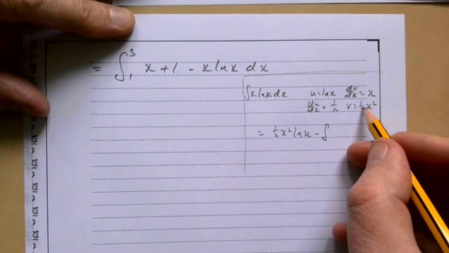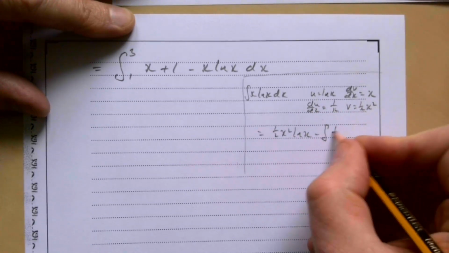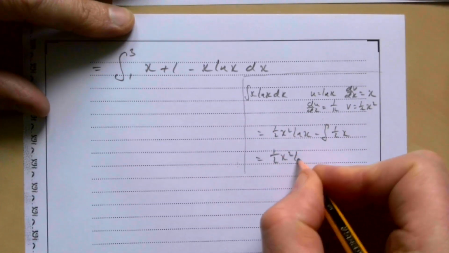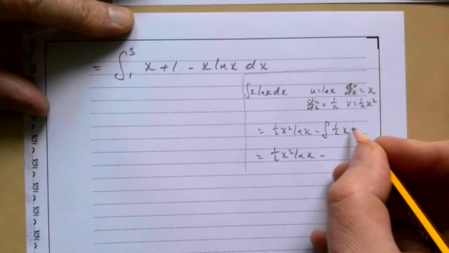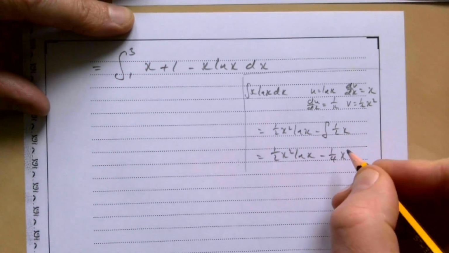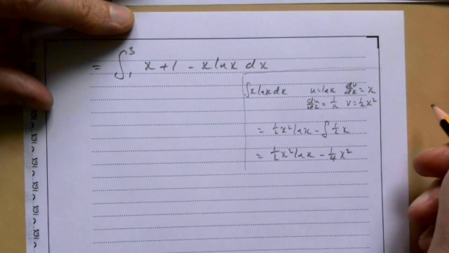That's 1 over x times a half x squared, which cancels one of my x's, so it's just going to give me a half x. So that gives me a half x squared ln x minus, add 1 to the power and divide by the new power, a quarter x squared. There is the plus c in there, but because we're doing definite integration, we can leave that.